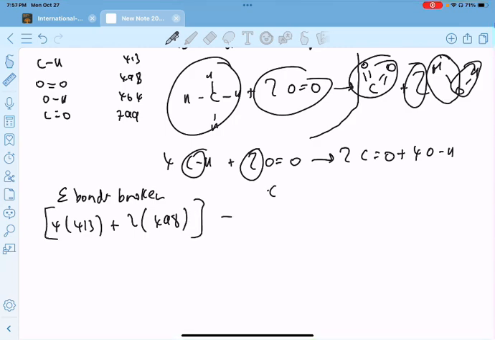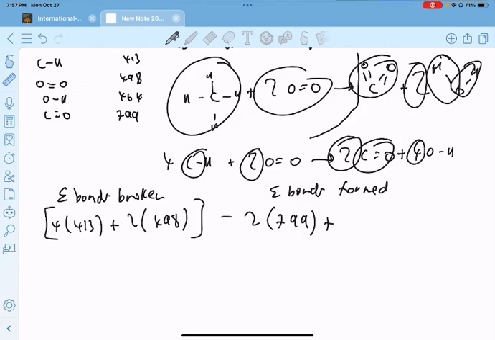The summation of the enthalpy of the bonds formed is going to be 2 times the carbon double bond O, 799, plus 4 O single bond H, which is 464.